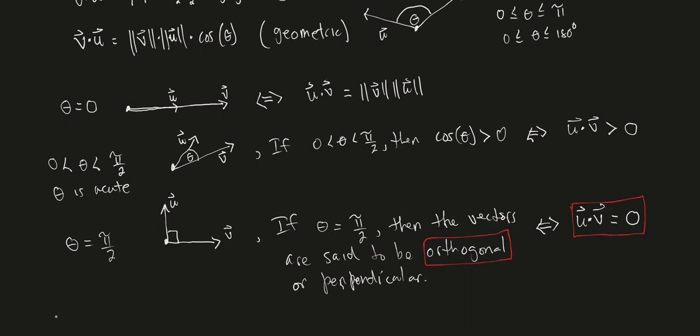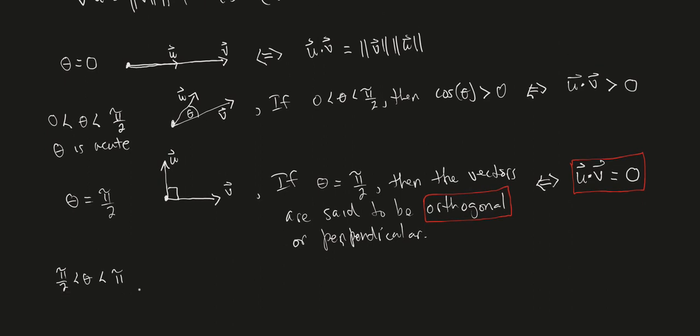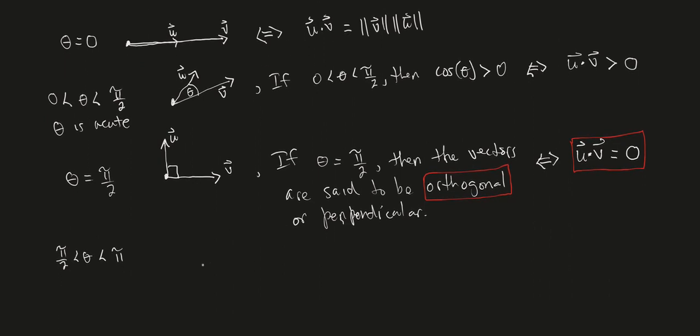Then all we have left is to go, well, actually, we have 2 more to go. So what happens when our angle is strictly between pi over 2 and pi? That means the angle is now in, let's say, the second quadrant. So let's say that this is U, and then over here now would be V, and this would be my theta, right?